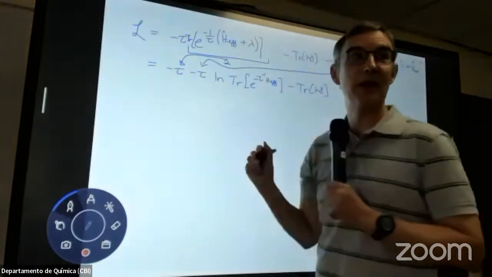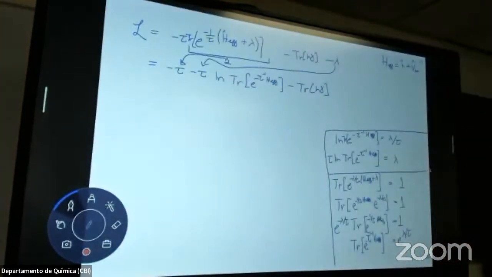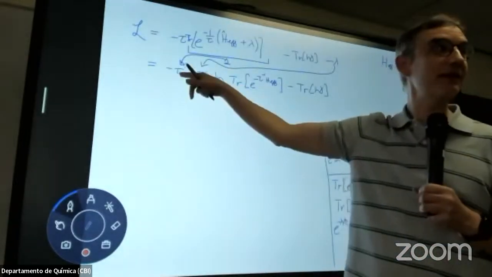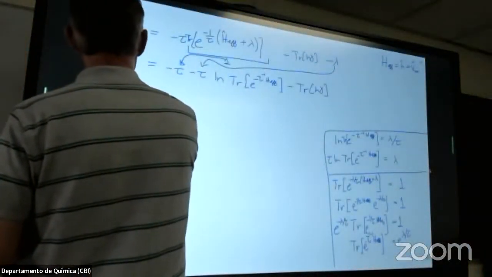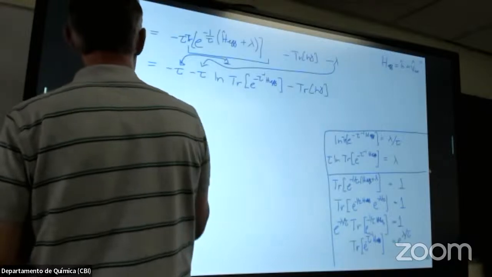Okay, so this is my Lagrangian, at a given temperature tau. Now, this is just a constant, so it's not going to affect anything, right? So now I can write the free energy as a function of tau.